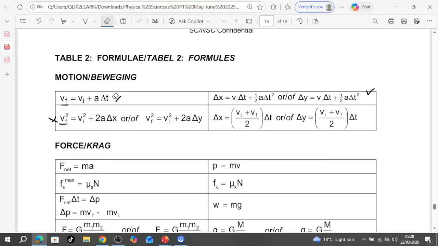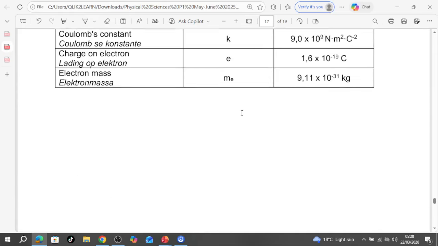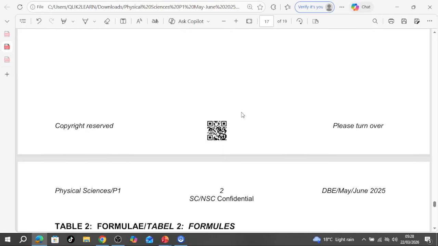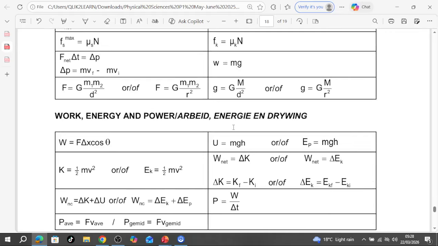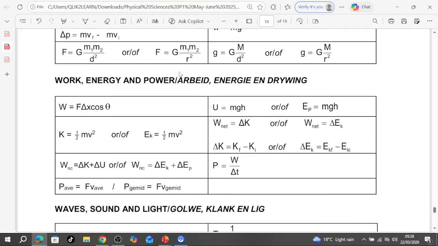So now look at this. I'll go through my formula sheet. Okay, these are the constant values. Then when I go through my formula sheet, I'm looking for delta x. I'm going to check where I have delta x in my work, energy, and power. There's no delta x except here, when we calculate the work done.